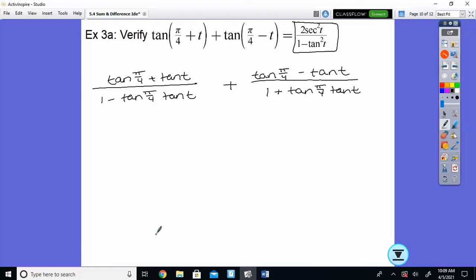Okay, pi over 4 is like 45 degrees. What's the tangent of 45 degrees? 1. So every tangent of pi over 4 I can change into a 1. 1 times tangent of t is just tangent of t.